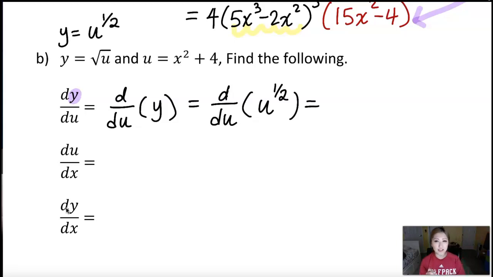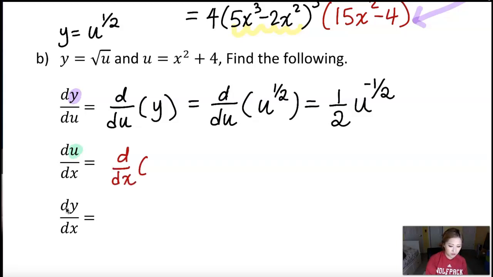And now we simply take the derivative of this. Using the power rule, half comes down to the front, and the new power is going to be 1 less than half. 1 less than half is negative half. So we got dy/du. Let's move on to the next one. I need to this time bring down the u and find the derivative of u with respect to x.